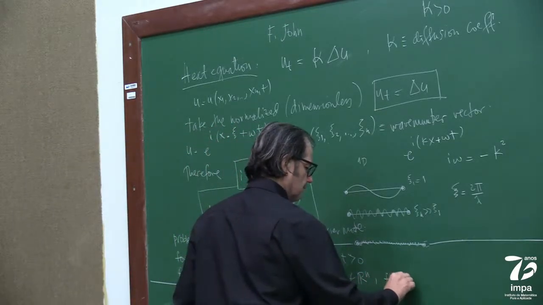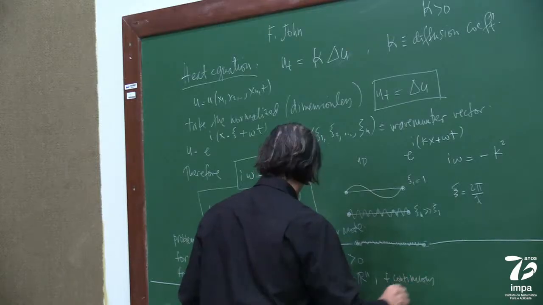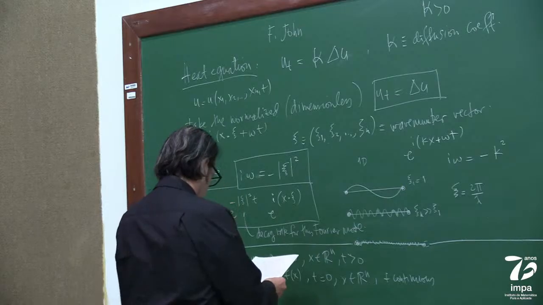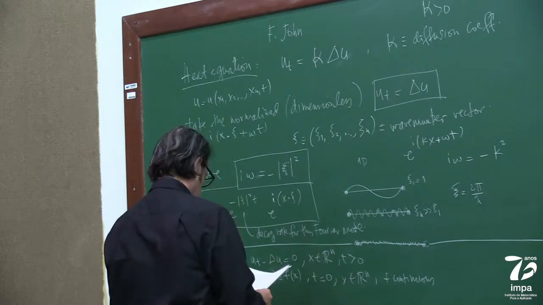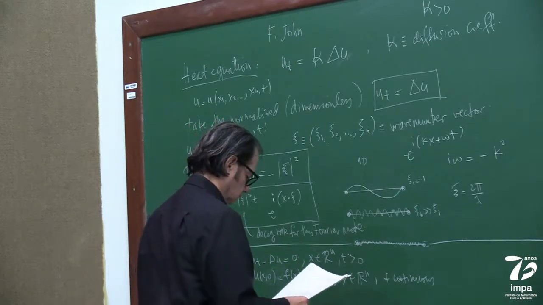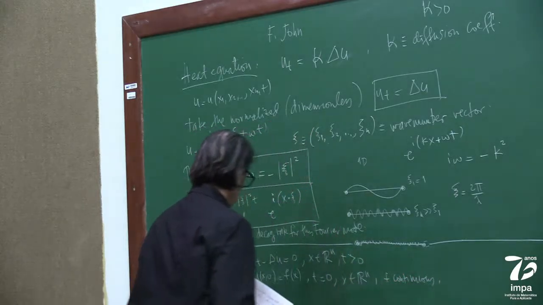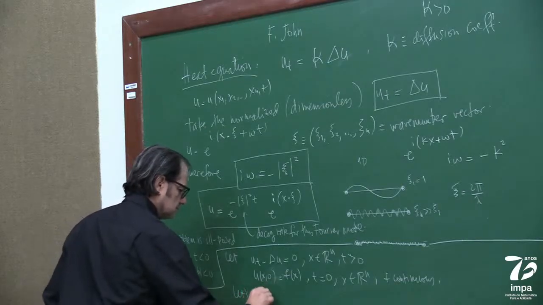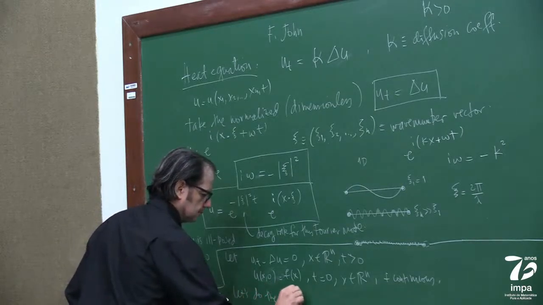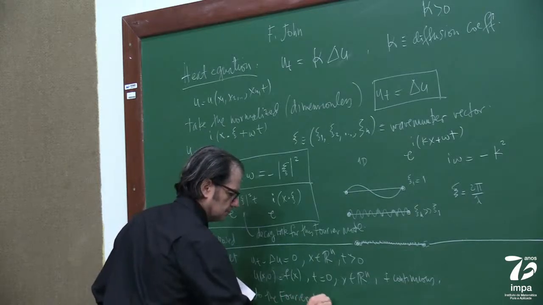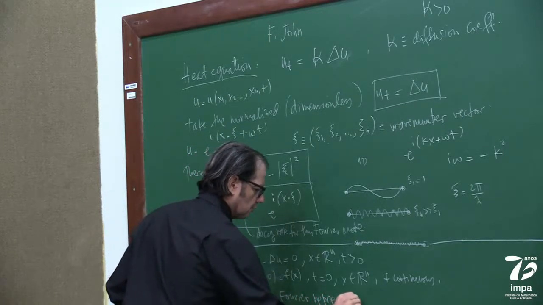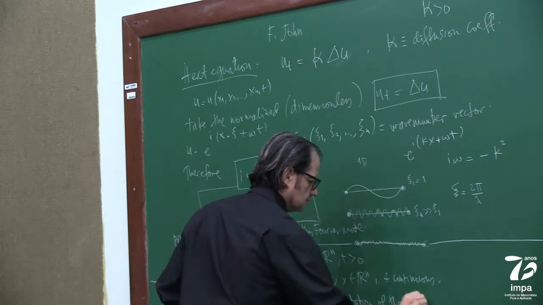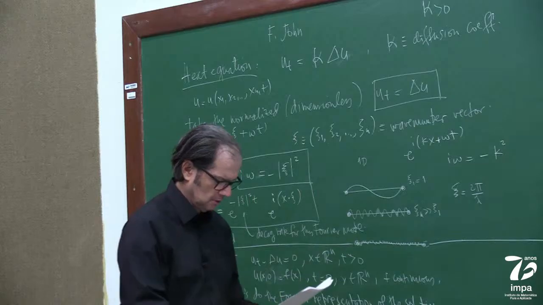Let's consider f continuous. And let's do the Fourier representation of the solution. This is what we're about to do now. Okay?